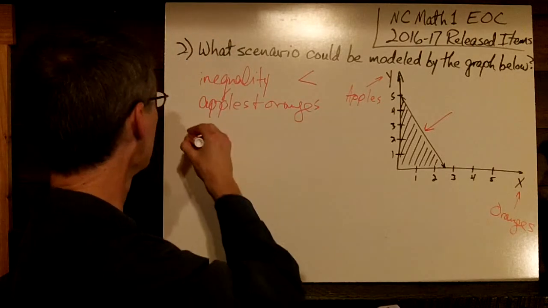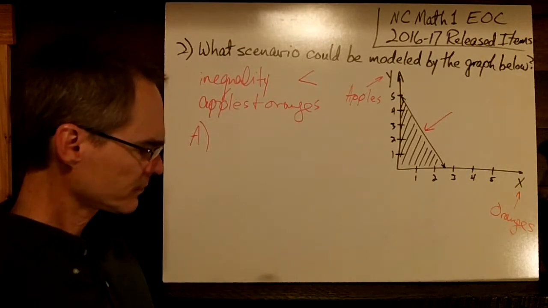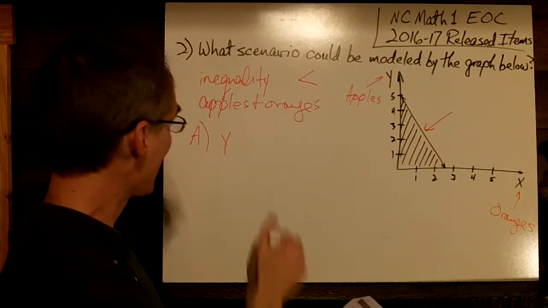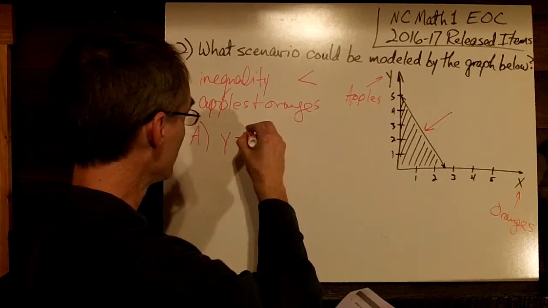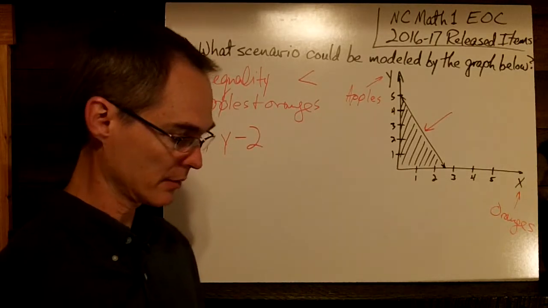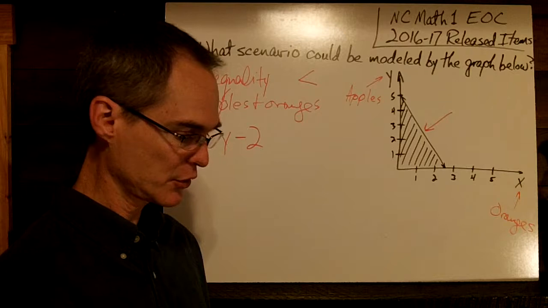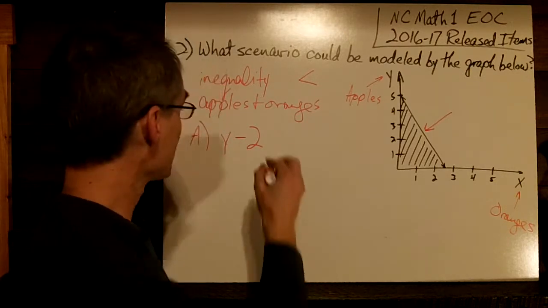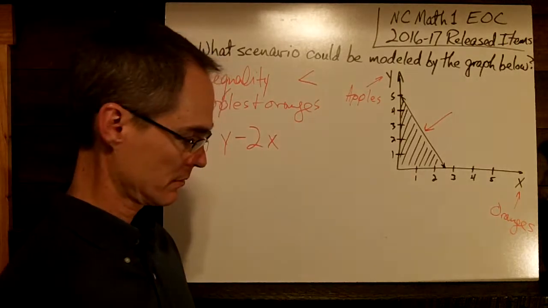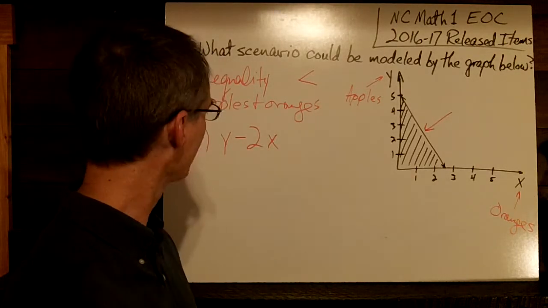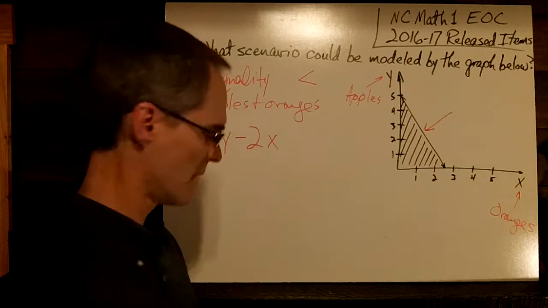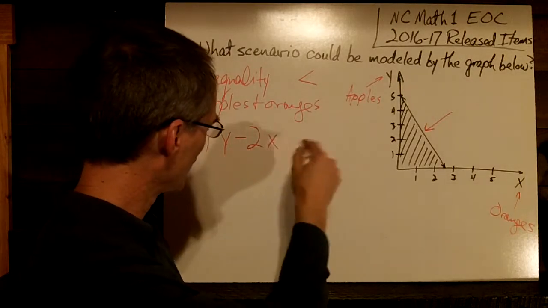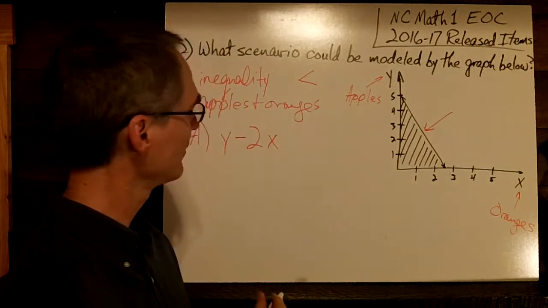So A says the number of pounds of apples, y, minus 2 times the number of pounds of oranges, x, so y minus 2x, is at most 5. I'm not sure how to write that. Is it supposed to be greater than 5 or less than 5?